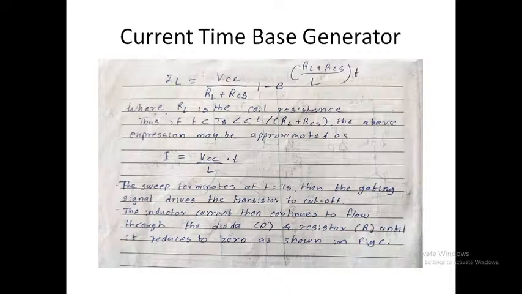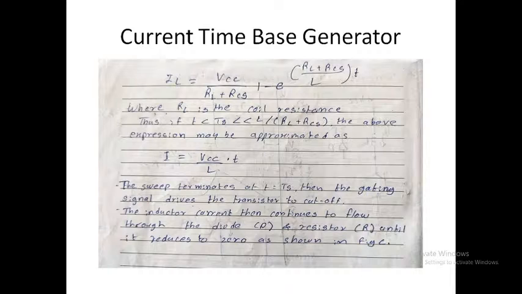I hope you all got why we are using a capacitor in a voltage time based generator and an inductor in a current time based generator. Because in a current time based generator we are actually dealing with current. We want current as a function of time, so that is why we are using an inductor.